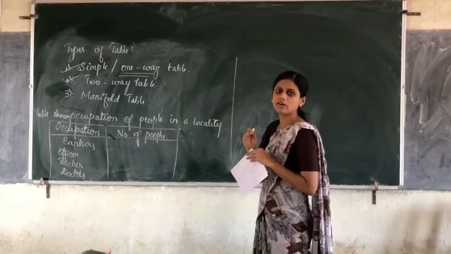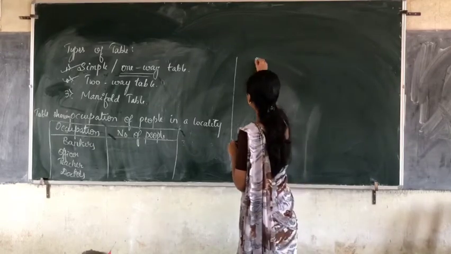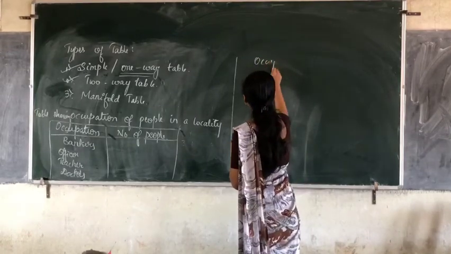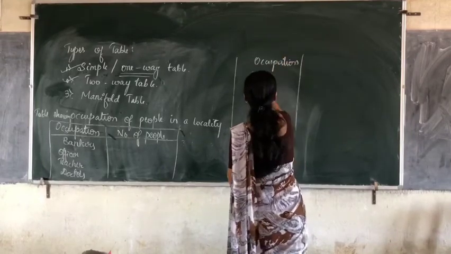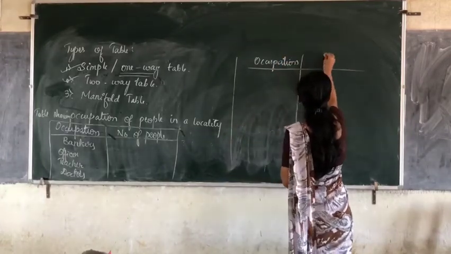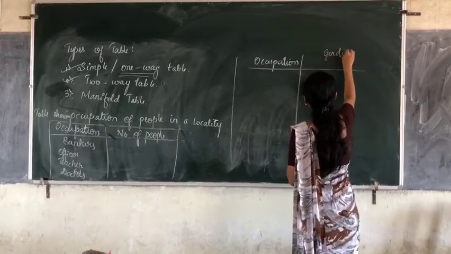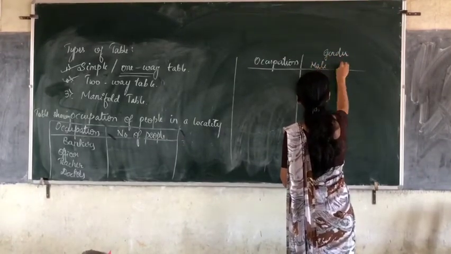Of people of a locality you are going to present. Then it will be occupation. Next, this is the first column. Next, gender. On the basis of gender, we are going to divide it as male and female.